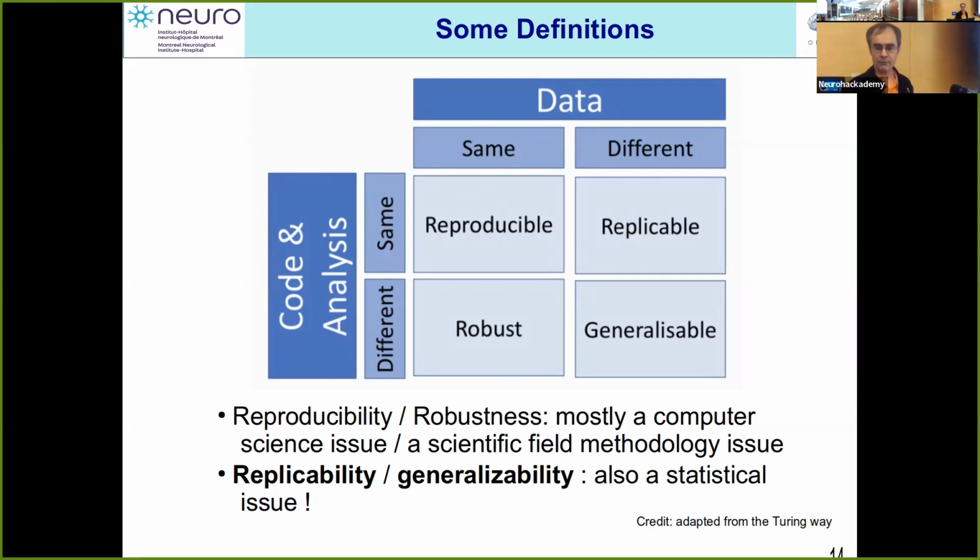The right way of thinking about those things is really generalizability. On what axis do you generalize things? It could be the axis of cohort, in which case we're talking about replication. Could be the axis of software, in which case we're talking about robustness. Could be both axes.